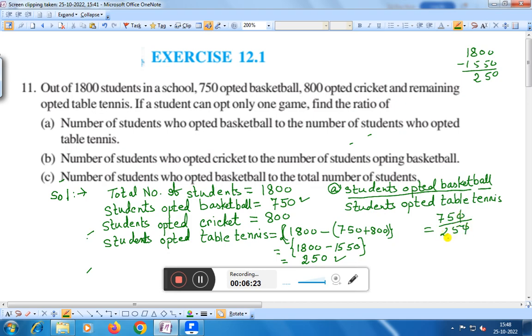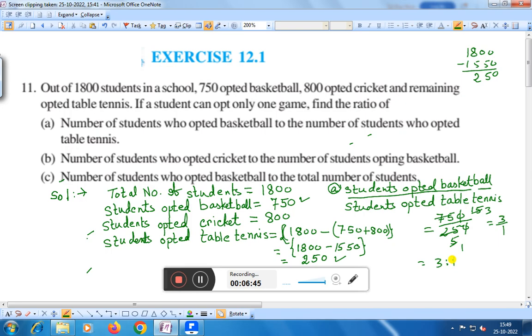This 0 will cut. Dividing by 5, 5 5s are 25, and again dividing by 5, we get 3 by 1. So 3 by 1 is equal to 3 is to 1.